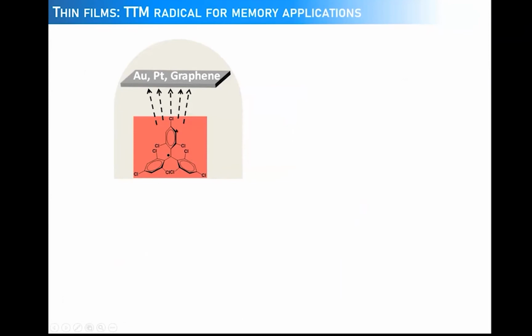The difference from the PTM radical is that only the ortho and para positions have chlorine atoms, but this TTM radical is also highly stable. Because it is highly stable, we can thermally evaporate it on different substrates, and this is what we did. We used gold, platinum, and graphene.